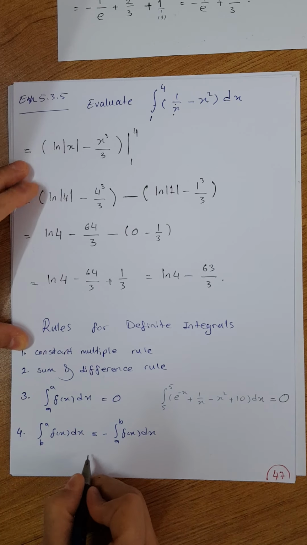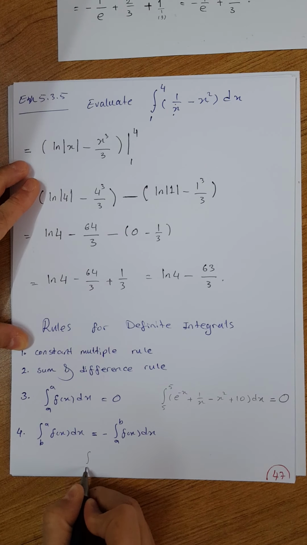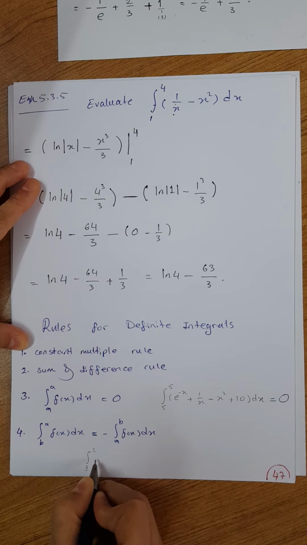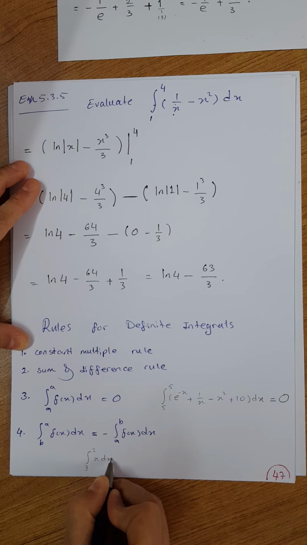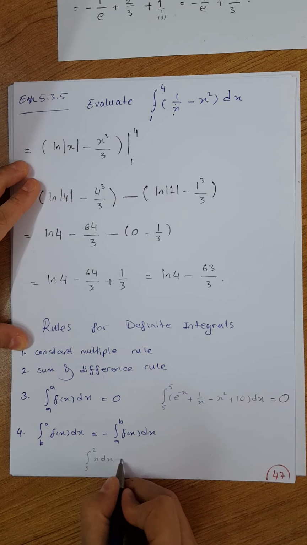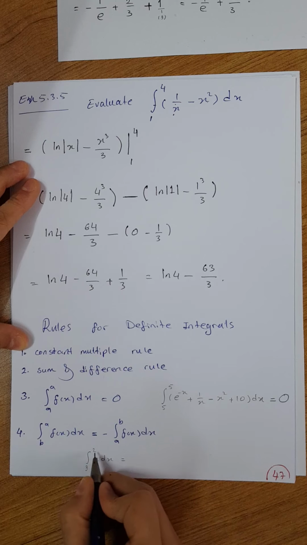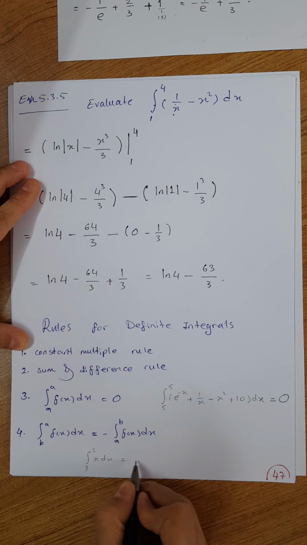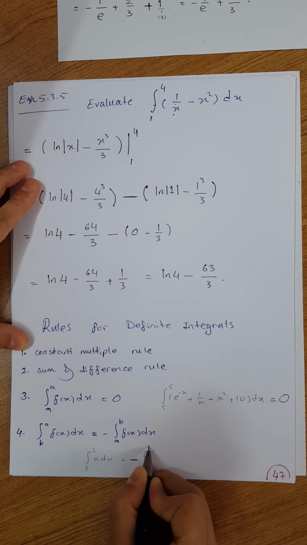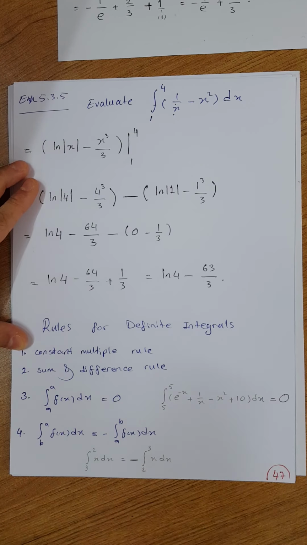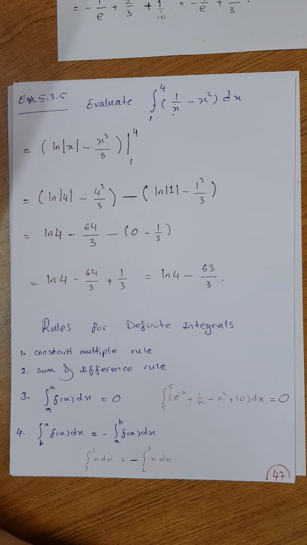So if I have got an example like this one, from 3 to 2, for example, x dx, that's just an example, okay? I just want to change the bounds. I want to bring that 2 to here and the 3 to there. I will simply write a negative in front of it, bring the 2 to the lower limit and 3 to the upper limit, x dx, and then you're simply solving the equation that will be given to you, the example I mean.